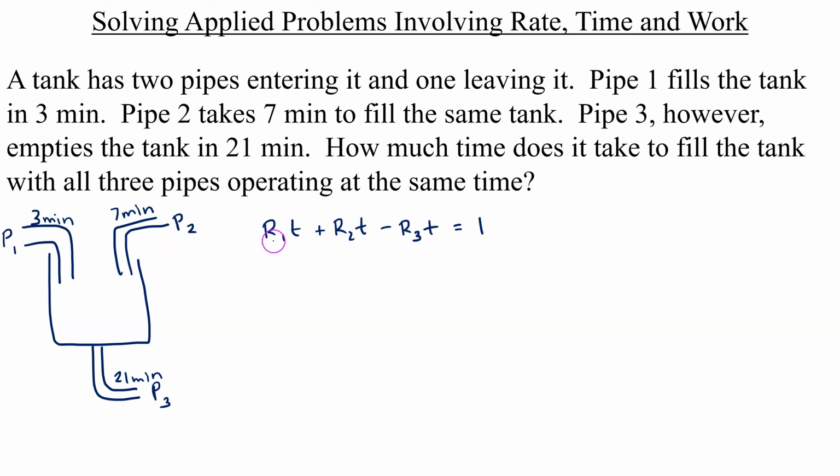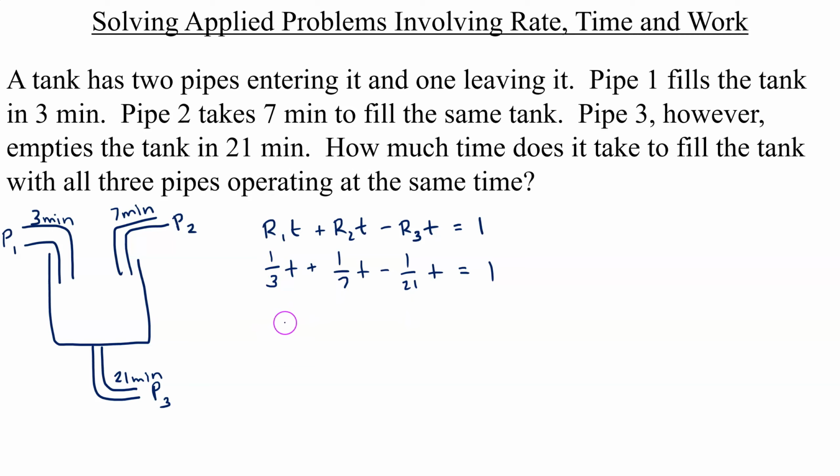Our rate for pipe 1 is 1 fill in 3 minutes. Our rate for pipe 2 is 1 fill in 7 minutes. And our rate for pipe 3 is 1 empty in 21 minutes. The way I solved this problem was I came up with a least common denominator, which would be 21.